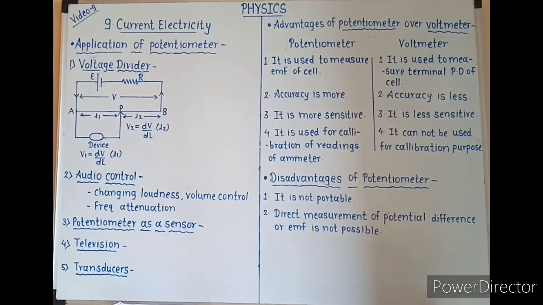Now the next point is the disadvantages or demerits of the potentiometer. The first demerit is that it is not portable. That means the potentiometer cannot be easily handled from one place to another. The second demerit is that direct measurement of potential difference or EMF is not possible with the help of this potentiometer.